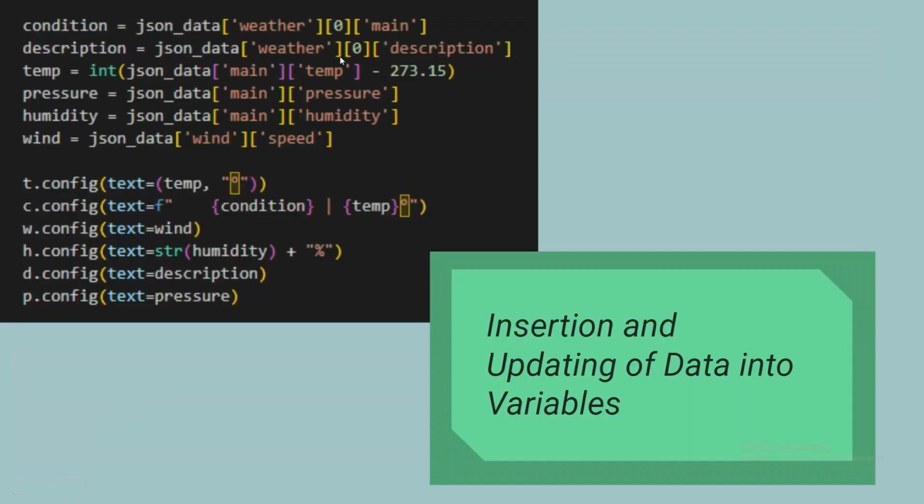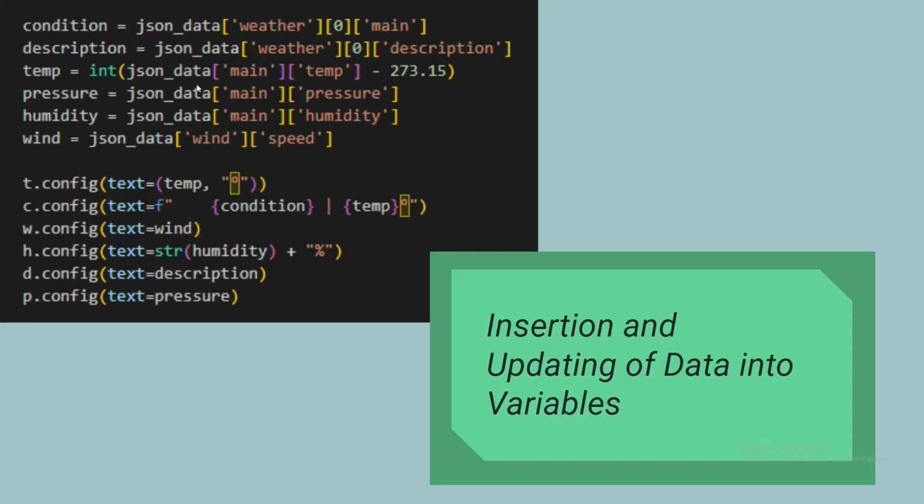The reason 0 is used here is that we are doing a daily weather forecast, but we could also do a weekly weather forecast. In this case, there would be separate weather data for each day of the week, and we would specify in the parentheses which day's weather we want to pull.